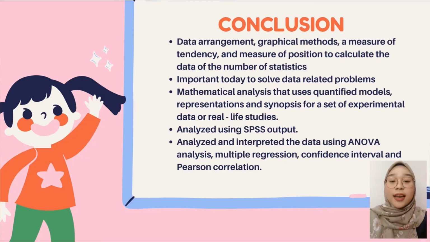Thank you. The last part, which is the conclusion. What our group can conclude is we used some methods such as data arrangement, graphical methods, measures of central tendency, and measures of position to calculate the statistics of deaths and injuries in road accidents reported by states in Malaysia in 2018.